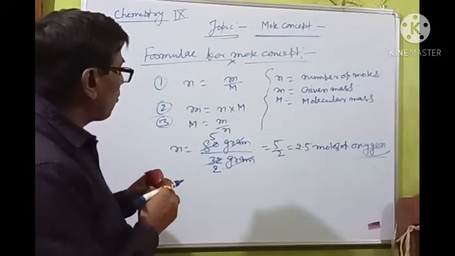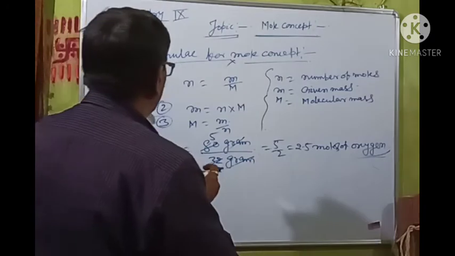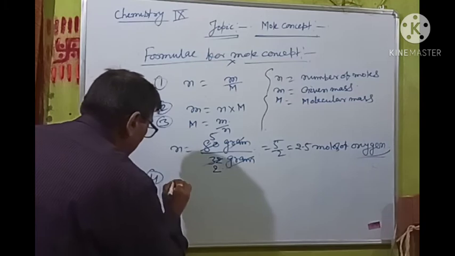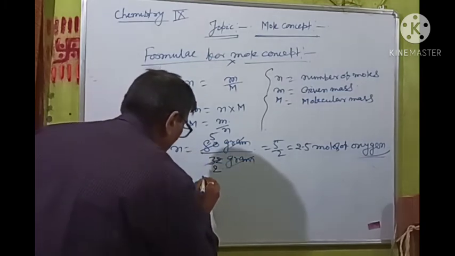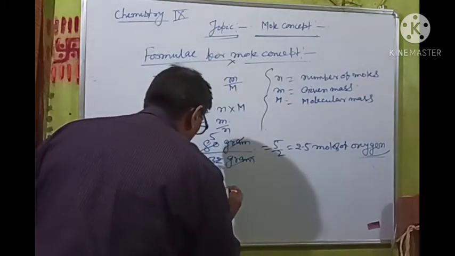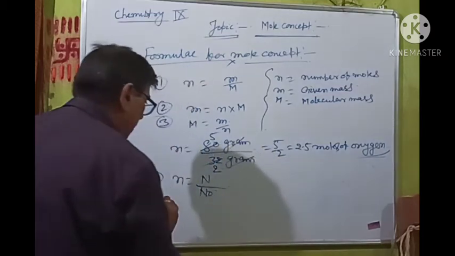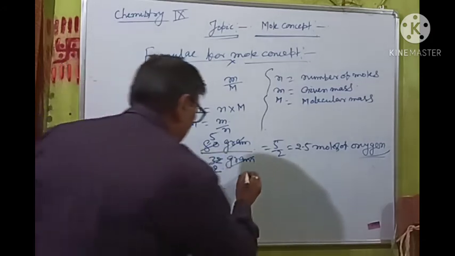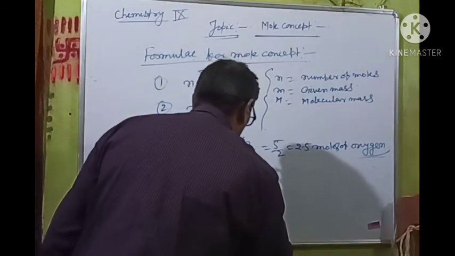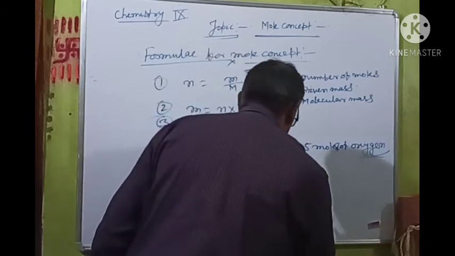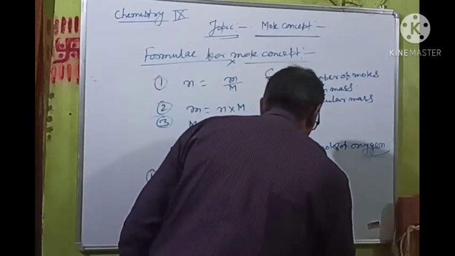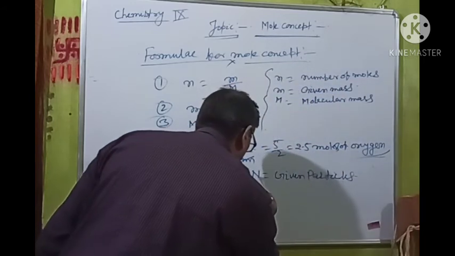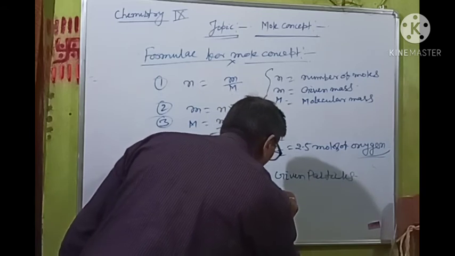Now another formula is also here. This is the fourth formula: small n is equal to capital N by n naught. Here capital N means given particles, and n naught means Avogadro's particles.